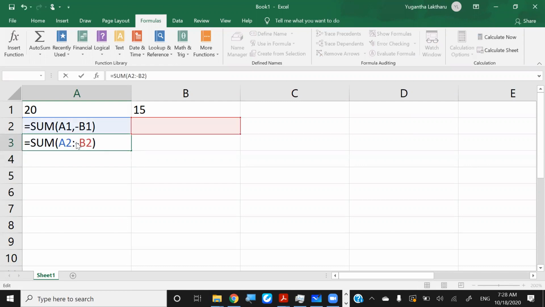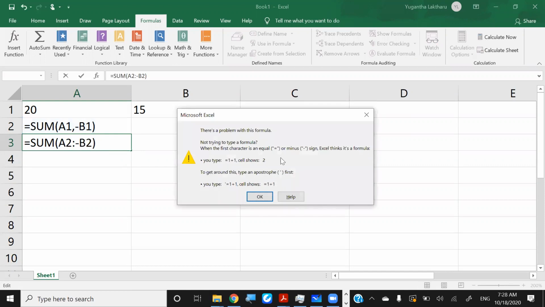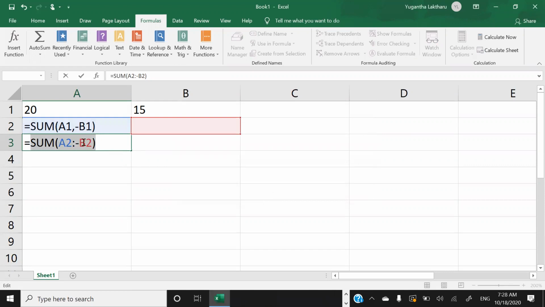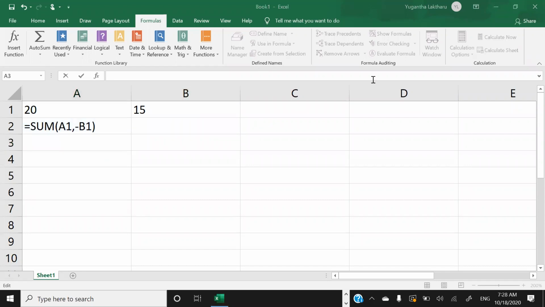A1 colon minus B2. No, they are saying they can't do that, right? So remember, it's the comma always when you need to deal with these particular things.